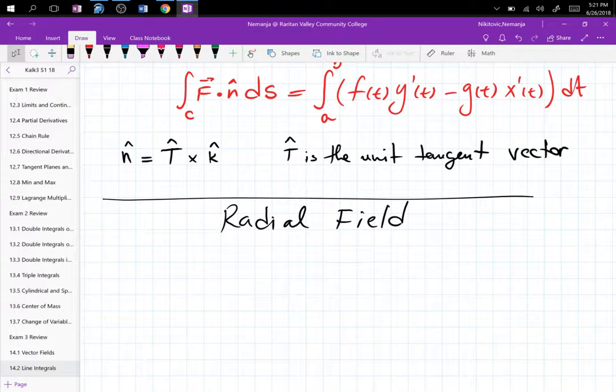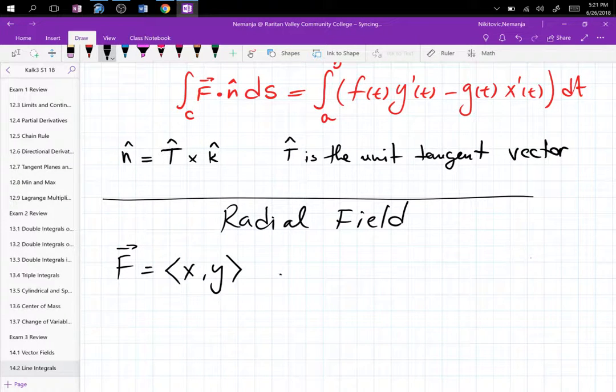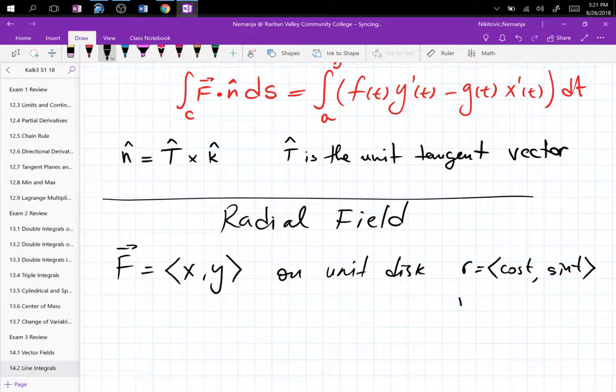The radial field will have F equal to x, y, and again on the unit disk. So I have my r as cosine t, sine t, and my r prime as negative sine t, cosine t.